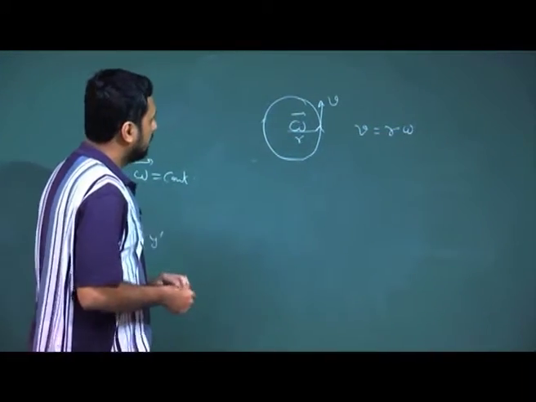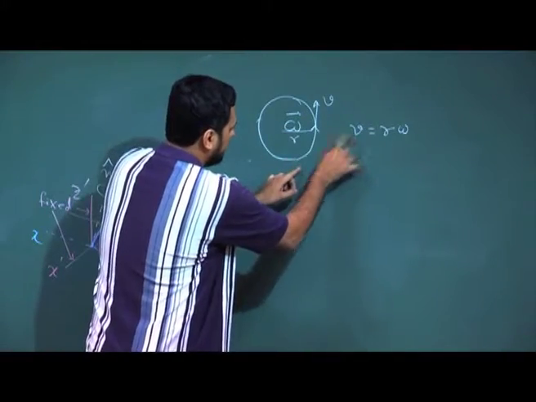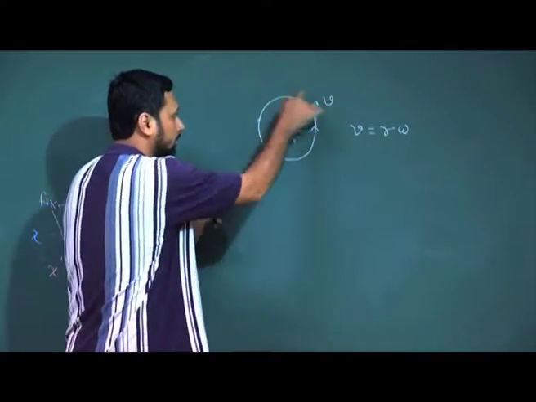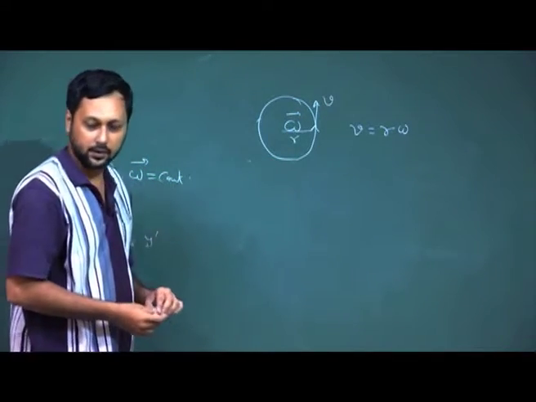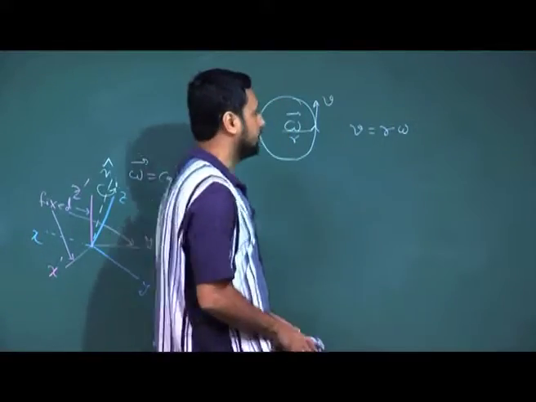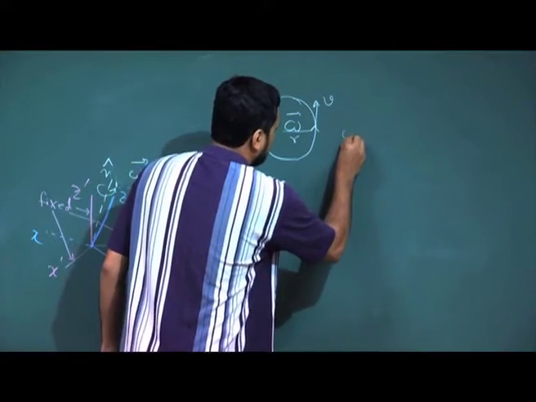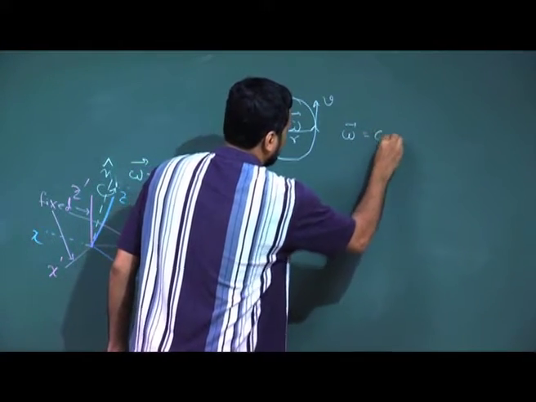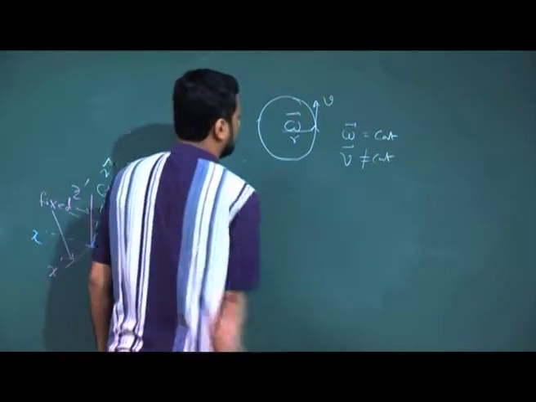But the direction of v is changing continuously on this circular loop, right? So although the magnitude of velocity remains fixed, the direction is constantly changing. So even for omega equal to constant, v is not a constant.